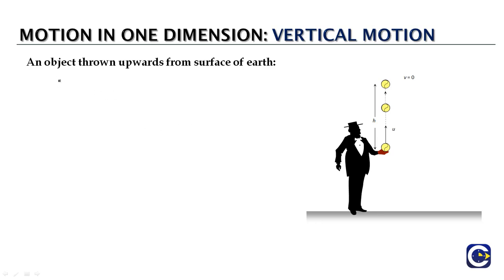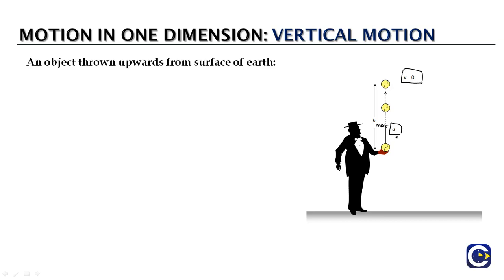Let us look at the first case, where we are throwing an object upwards from the surface of the earth. Let us say the initial velocity of the object is u, and since we are throwing it upwards, it will be in the upward direction. The final velocity, where the object reaches a maximum height h, will be 0. Why?